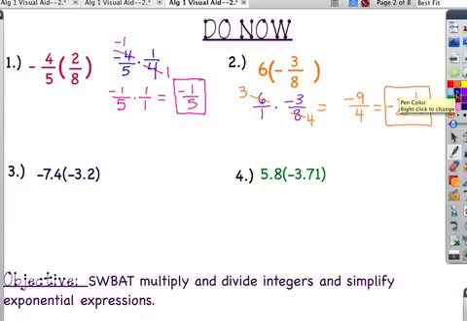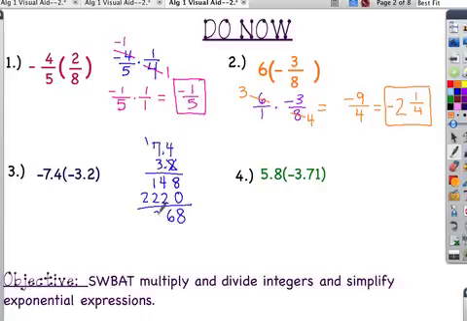Number 3. A negative times a negative gives me a positive. So now I just have to do 7.4 times 3.2. I ignore the decimals for the time being. 4 times 2 is 8, 7 times 2 is 14. Cross off my 2 and put a 0 as a placeholder. 4 times 3 is 12, 7 times 3 is 21, plus 1 is 22.